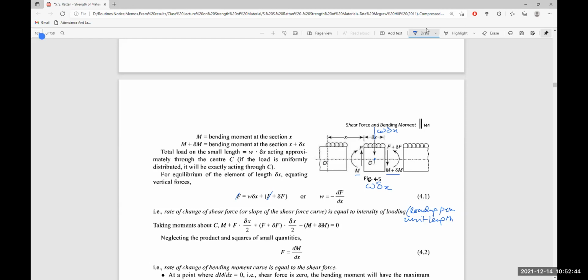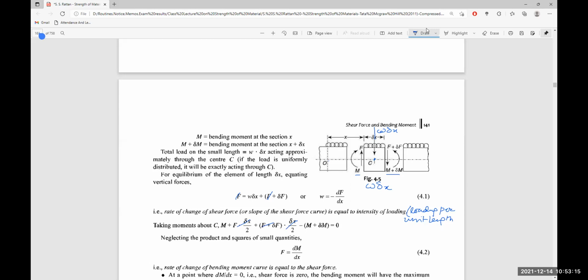So M plus F delta x by 2 plus, because both of them are clockwise in nature, (F plus delta F) multiplied by delta x by 2 also will be clockwise in nature, and the anticlockwise one will be equal to M plus delta M, which is anticlockwise in nature. The addition of all the moments will be equal to 0 to maintain the equilibrium. So here, F plus delta F will be cancelled by this F plus delta F.